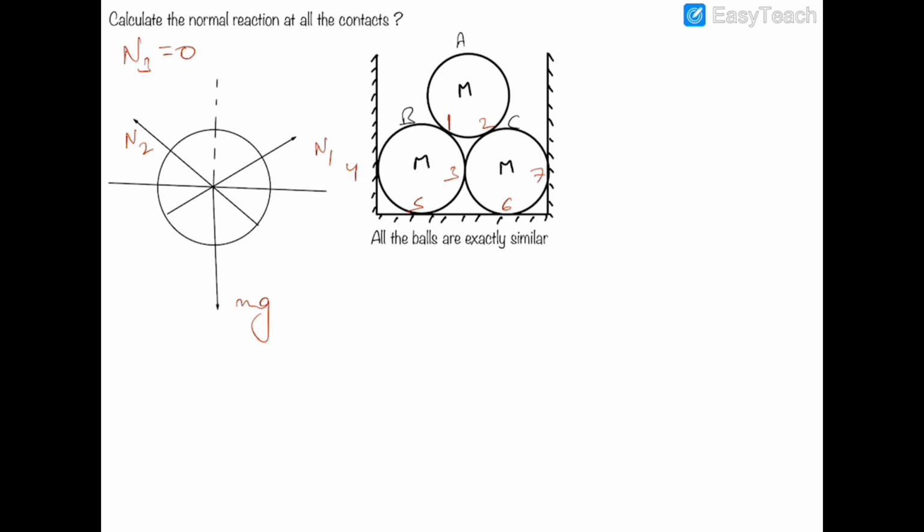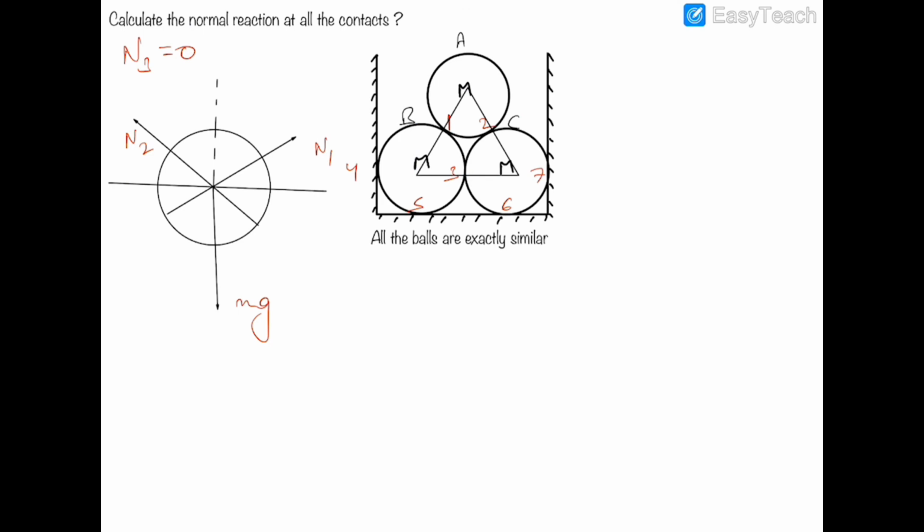So if I write the components, again there is an important thing in this question, that there is a triangle which is being formed in these balls. You can see this triangle, and this triangle is an equilateral triangle.